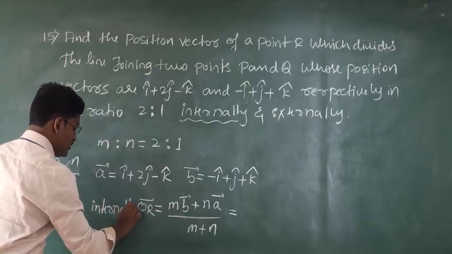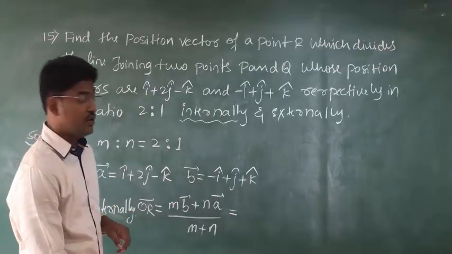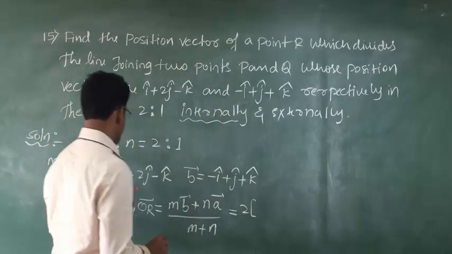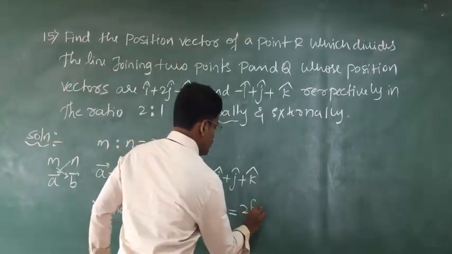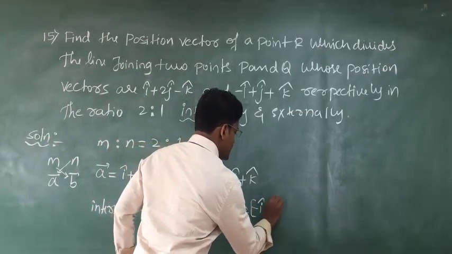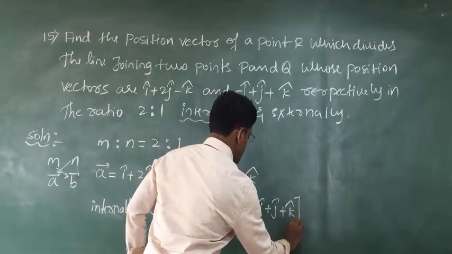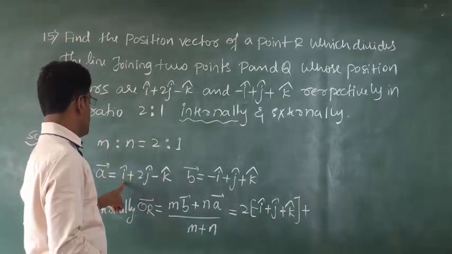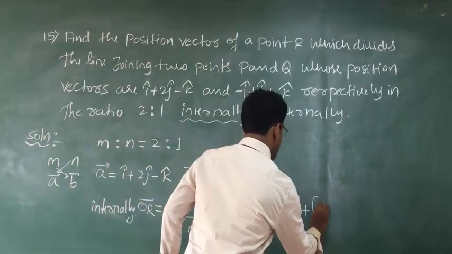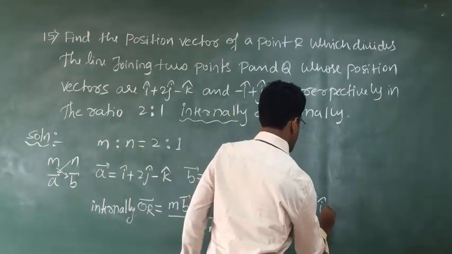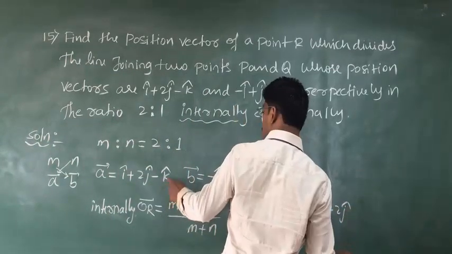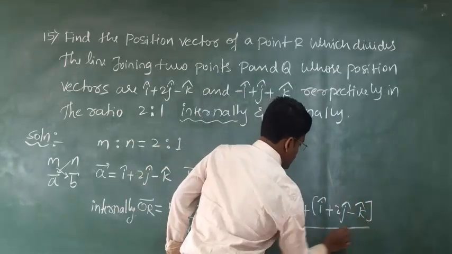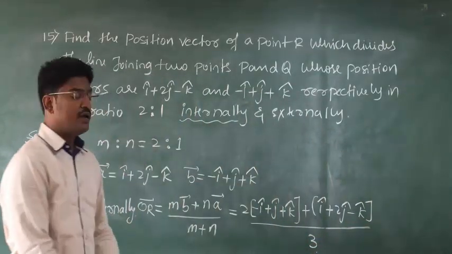Clear? Internally vector OR. M is how much? 2 times of B is how much? Minus i cap plus j cap plus k cap, plus N is how much? 1. A is i cap plus 2j cap minus k cap, divided by m plus n, that is 3.